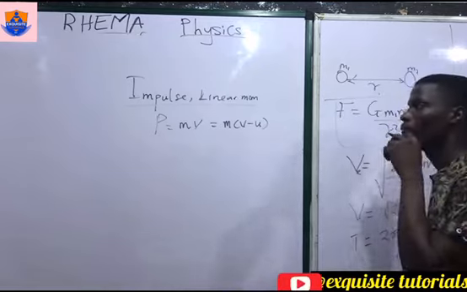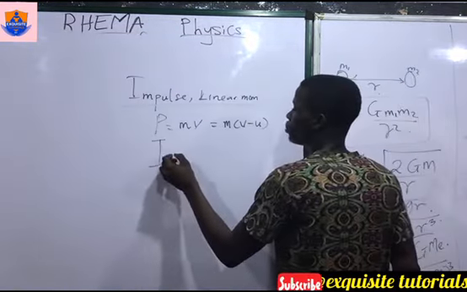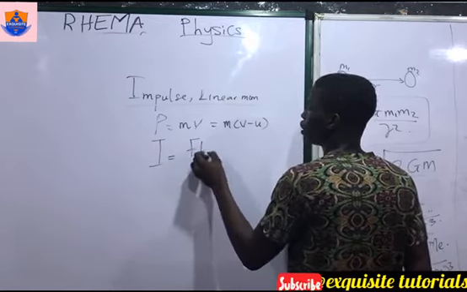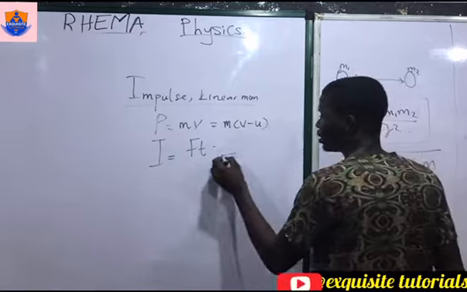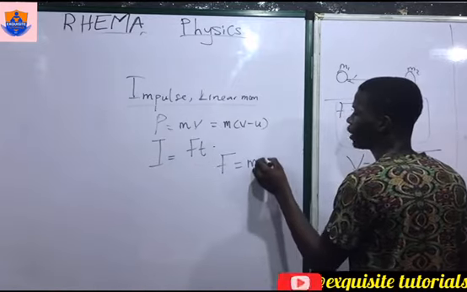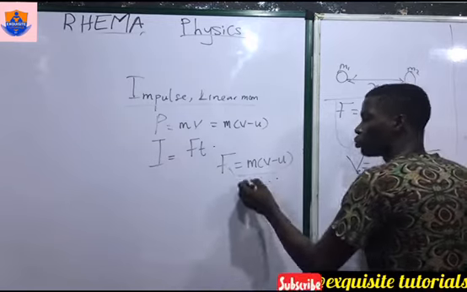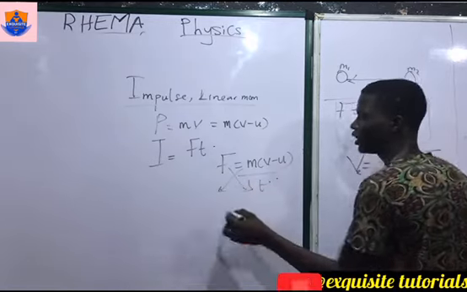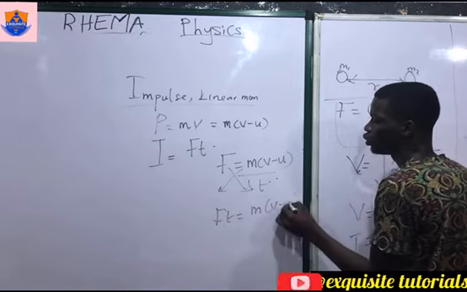Now the impulse itself, impulse I, is equal to the force times time. If you recall from what I did earlier, I said F is equal to m bracket v minus u over t. I gave you this formula. So if I cross multiply here, you'll find that my Ft is equal to m bracket v minus u.